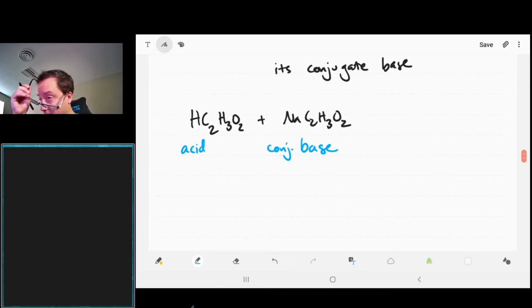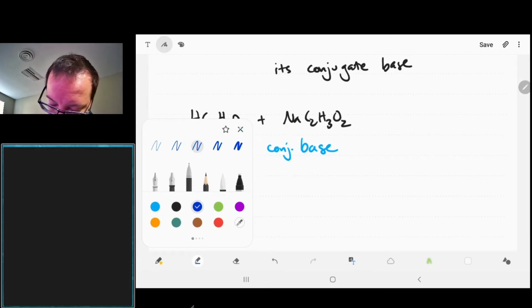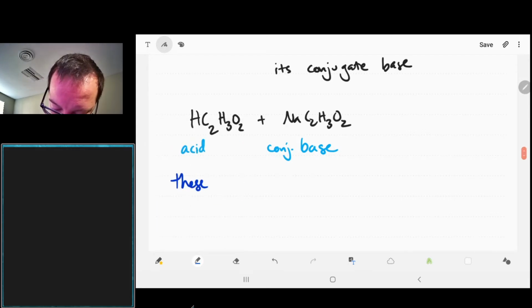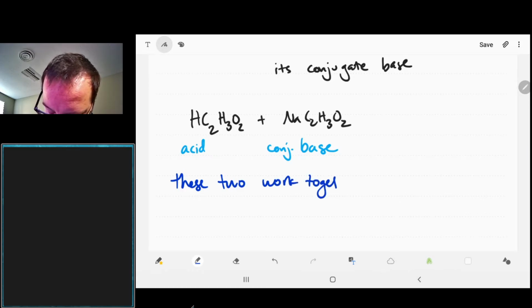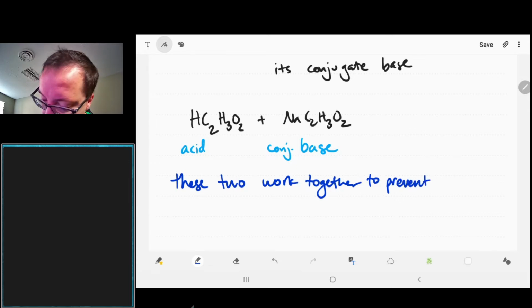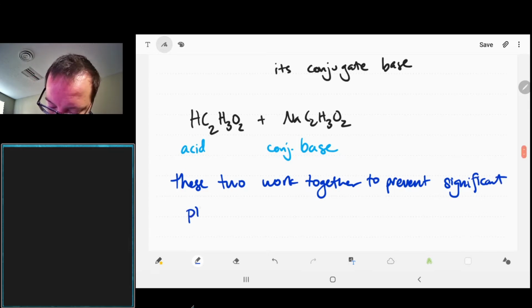And how these work is they're going to be solutions that will prevent pH from changing drastically. We're going to see that these two work together to prevent significant pH change.